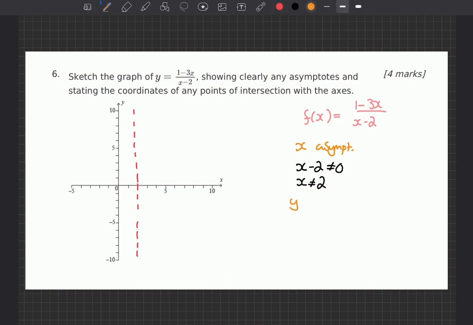Next, you have your y asymptote. And for this, again, if we make x a really, really big number, you will just have 1 minus 3000 over 1000 minus 2, which is not exactly, but almost equal to minus 3. So again, you'll have your y asymptote at minus 3. The graph will get very close to minus 3, but it'll never actually touch the minus 3 line. And these are your asymptotes.